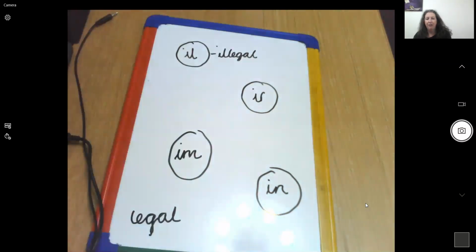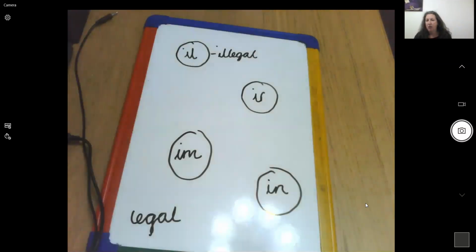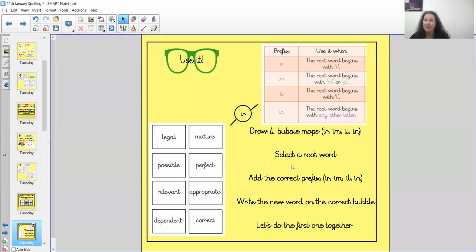Okay, so if I was going to do the next one, I would do mature. I would then see which rule fits my mature, and then I would add it to the correct bubble map. Okay, so that is your new activity. That is what you are going to do.